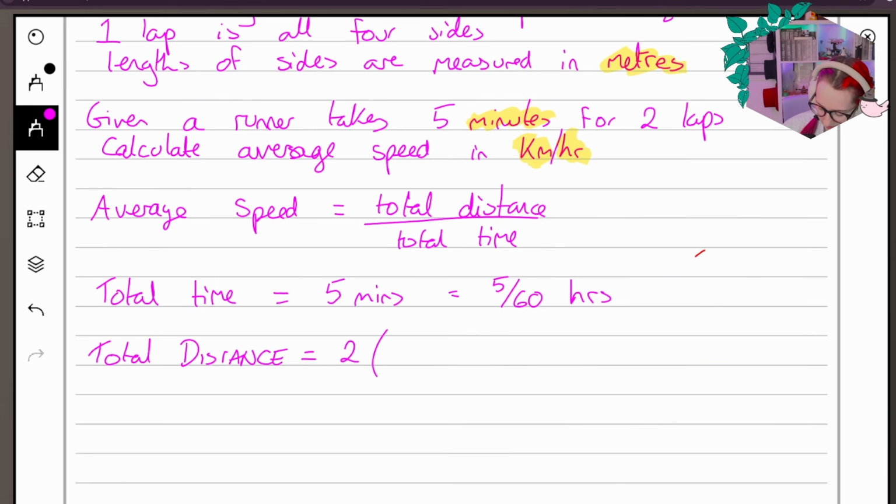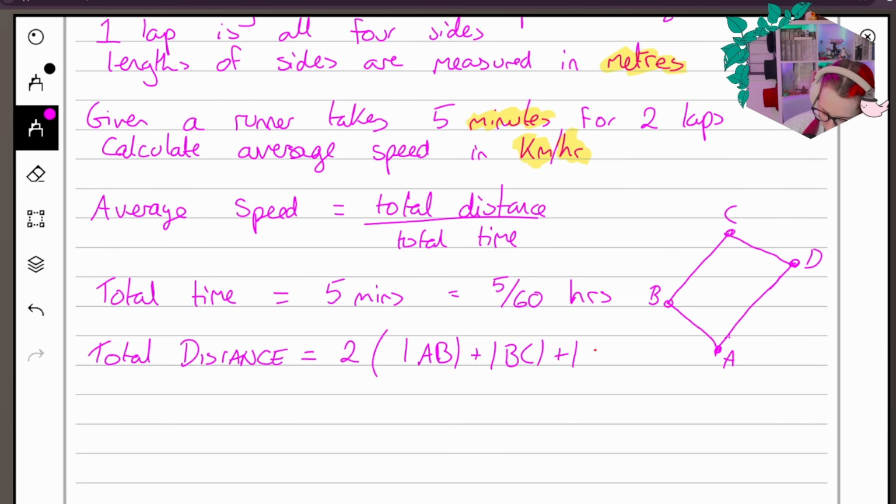So we have our parallelogram, maybe not a parallelogram, but our quadrilateral here, A, B, C, D. So we need the size of AB plus the size of BC plus the size of CD plus the size of DA.